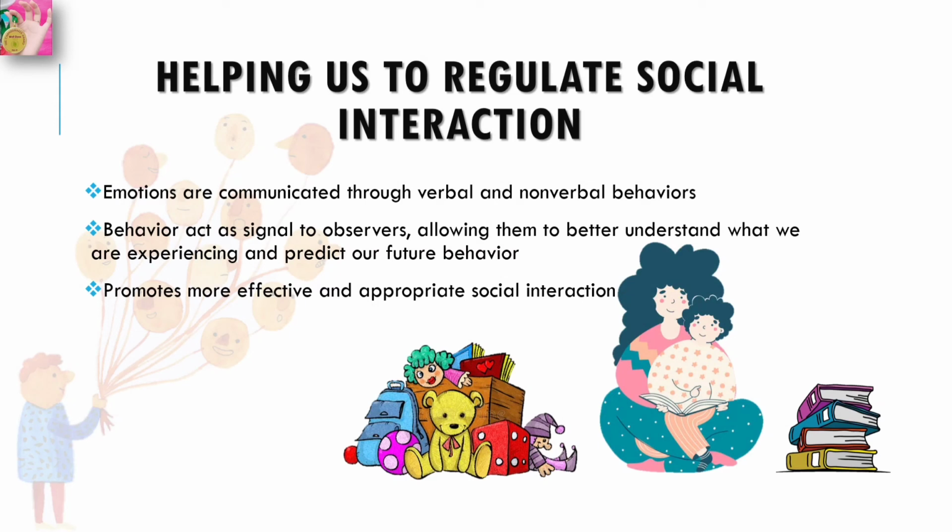For instance, a mother who sees the terror on her 2-year-old son's face when he sees a frightening picture in a book is able to comfort and reassure him, thereby helping him to deal with his environment more effectively in the future. This is because emotions help us to regulate social interaction, and this is one of the functions of emotion. You can also consider them as the advantages or the importance of emotions.